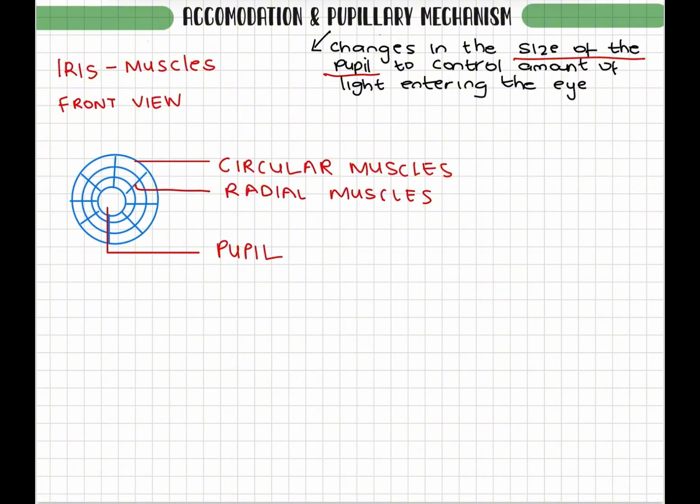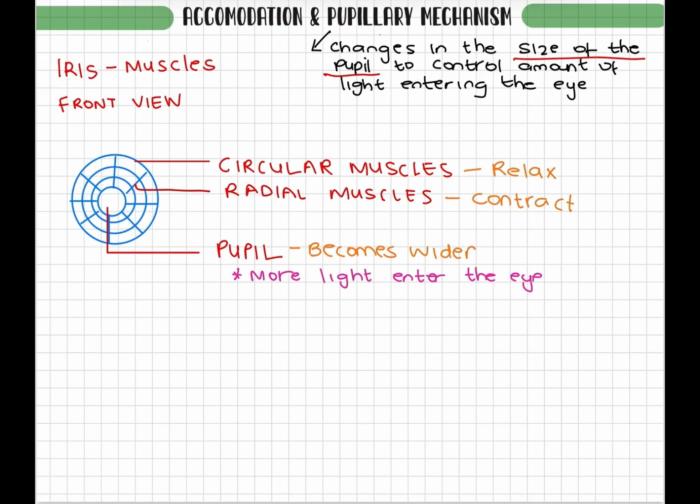Now we start analyzing what's happening to the muscles, starting with the circular muscles. They relax so that the radial muscles contract, and then the pupil will become wider so that more light enters the eye. This is during dim light.